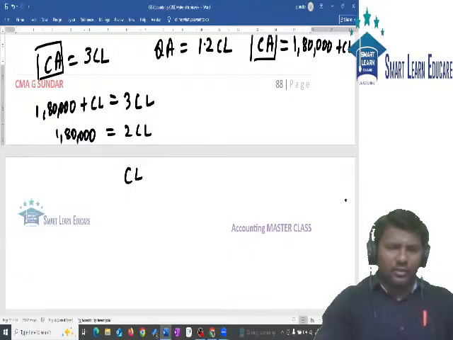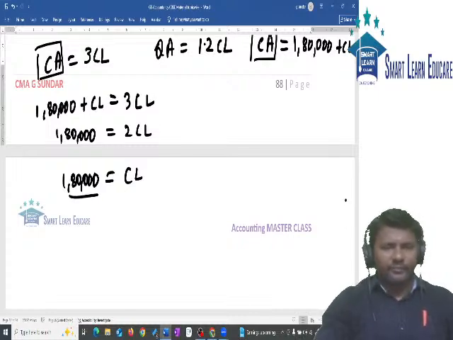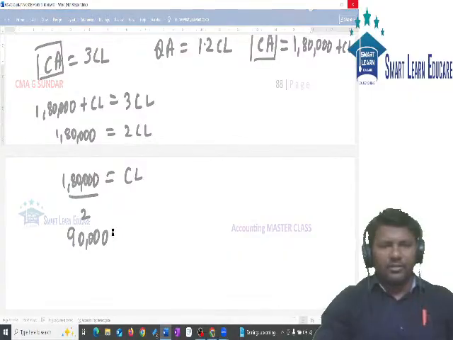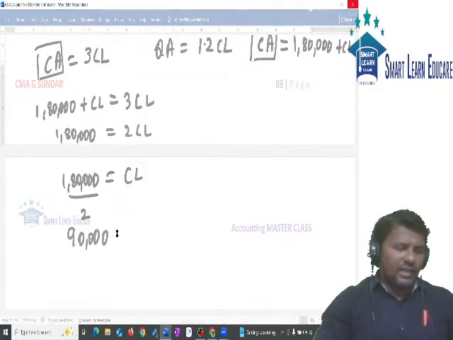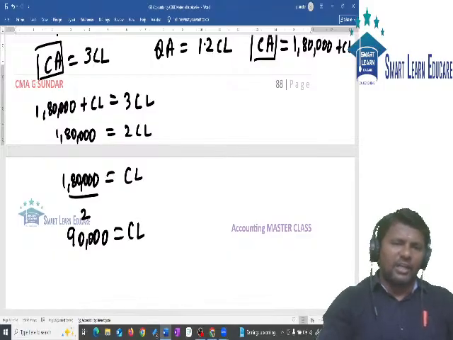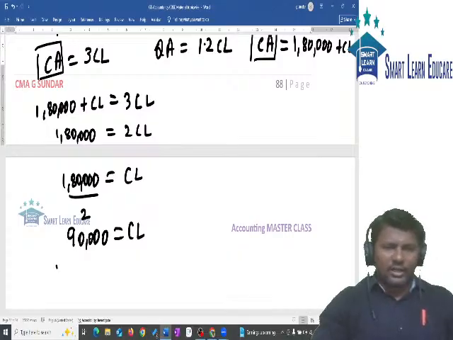Current liability is equal to 1,80,000 divided by 2, which will give you 90,000 is your current liability. If your current liability is 90,000, substitute this current liability in any of the equation. What is your current asset?